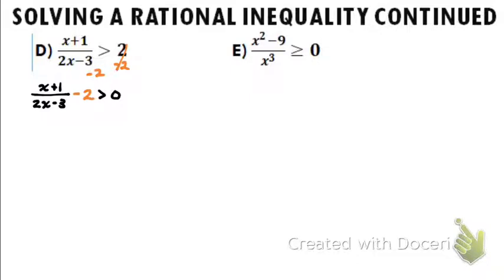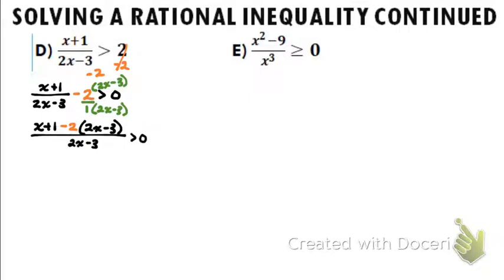What do I do with it from there now? Yes, I need a common denominator, so I'm going to put this over 1, and then I'm going to multiply by 2x minus 3. So I have x plus 1 minus 2 times 2x minus 3, all over 2x minus 3, is greater than 0.